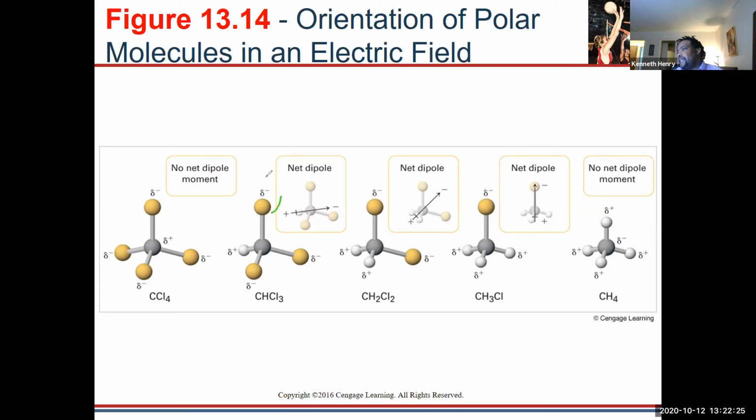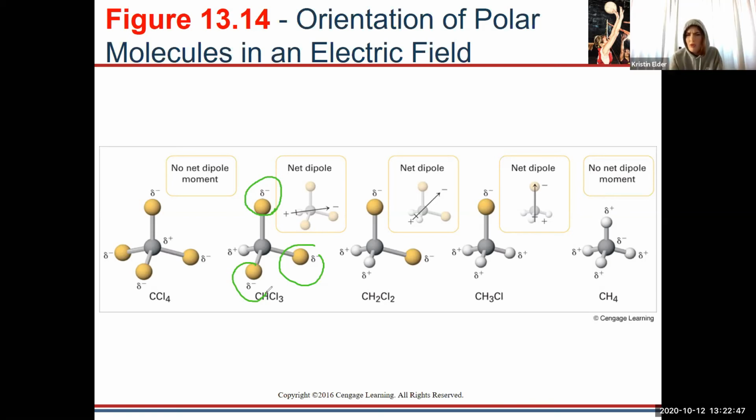The chlorines on the outside pull the electrons more towards them, so they have not a total negative charge, but only partially negative. The electrons are being shared, but to the extent that they're on the chlorine side more than on the hydrogen side. Because they're more electronegative than the center atom? That's right, because they're more electronegative.